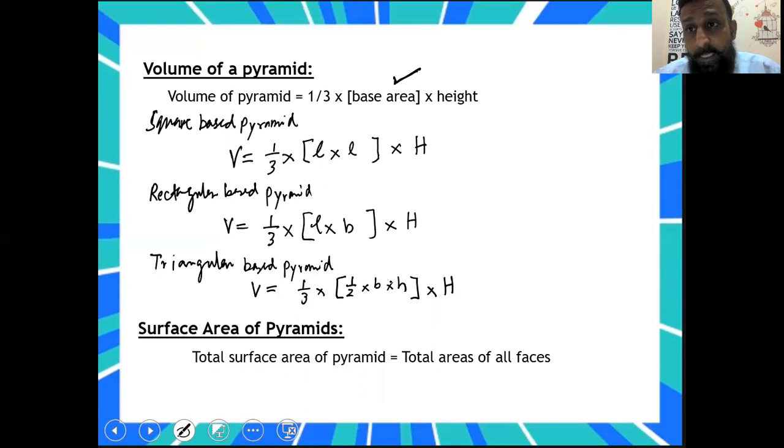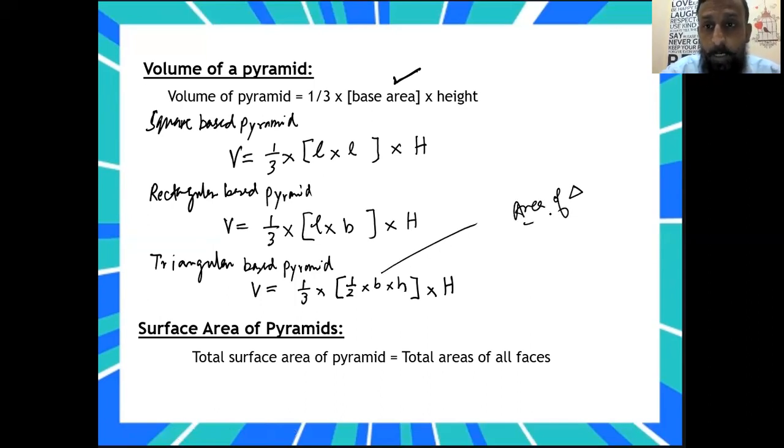The length into breadth is again the area of the base, that is the rectangle. Triangular base pyramid, 1 upon 3 times base area multiplied by height. And in the base area, we're going to write the area of a triangle. And we know that how do we calculate the area of the triangle? With the formula 1 upon 2 times base and height.